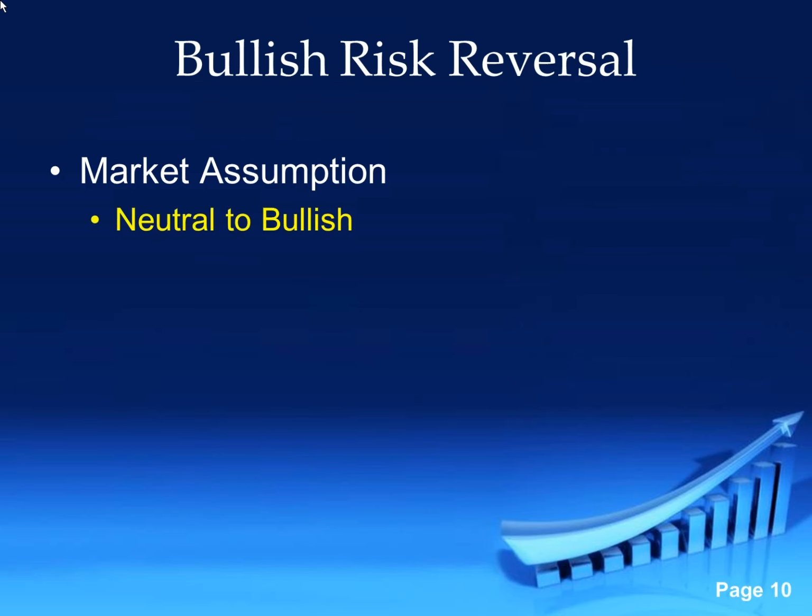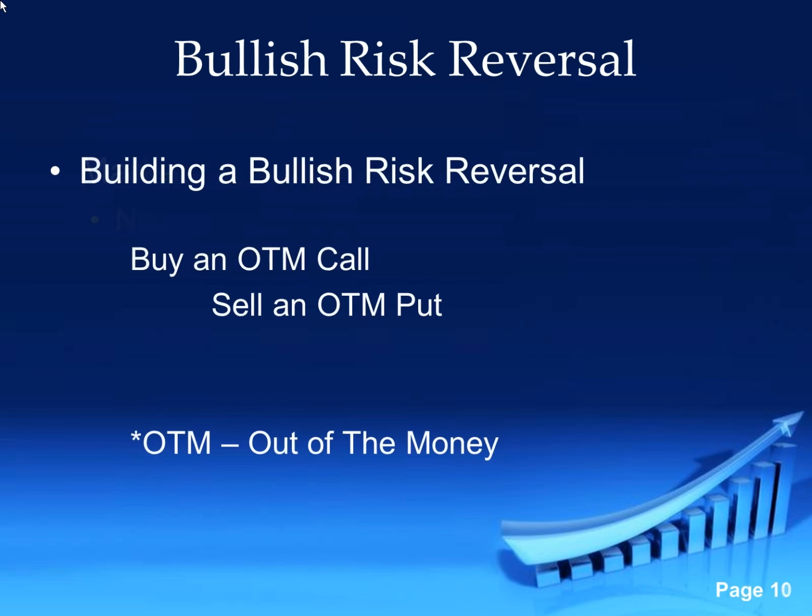The way I'm going to teach how to build this out, you're going to be able to hold this strategy even if the underlying stays right where it's at. You're not going to make a ton of money if it sits right there, but at least you're limiting your risk in a sense. So we're going to be able to build this out for a neutral, but we really want it to be bullish, but you're not going to be hurt if it is neutral, is what I'm getting at.